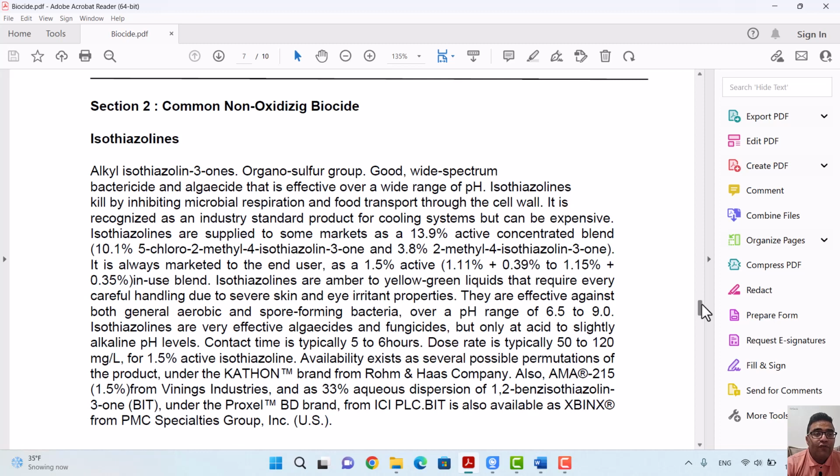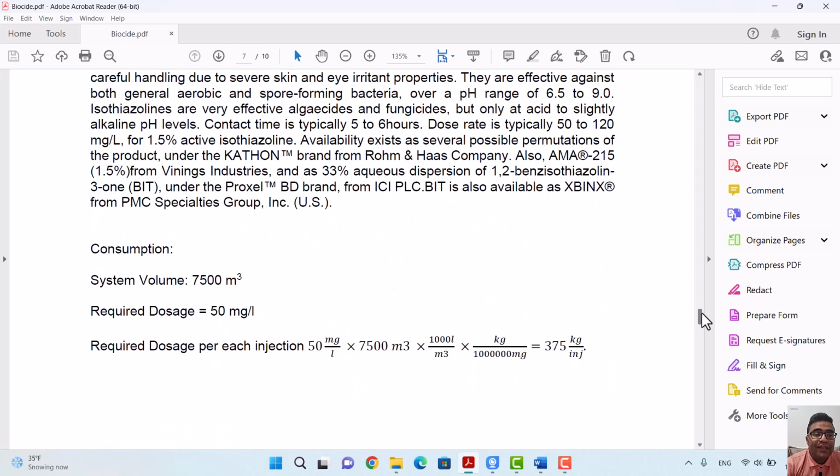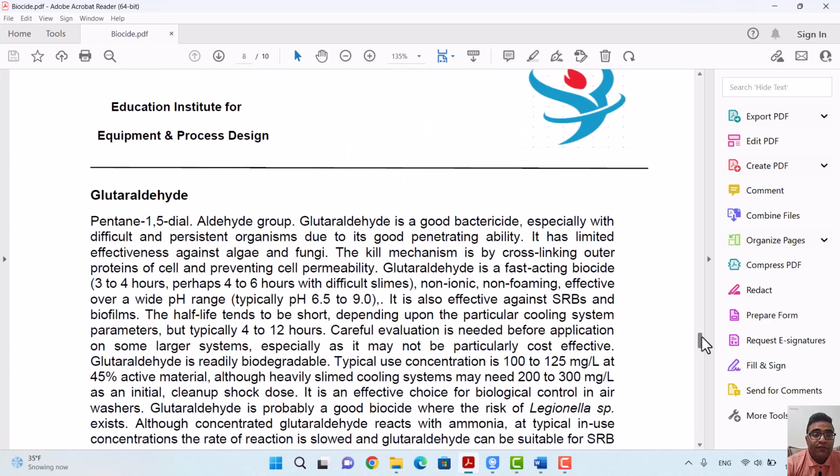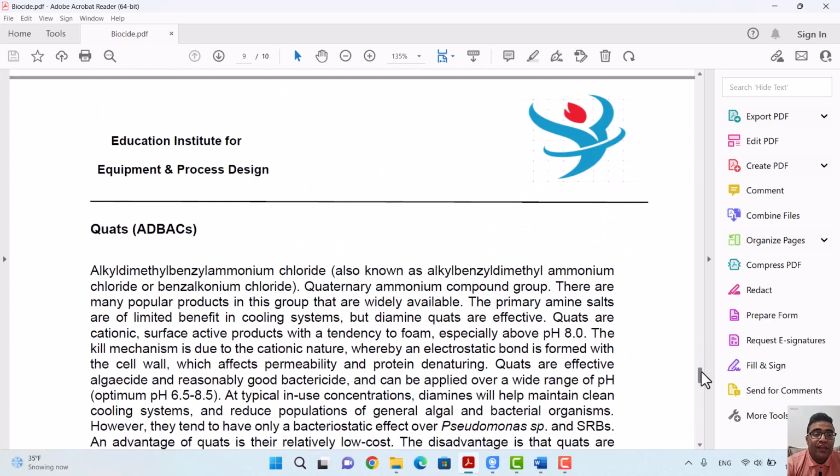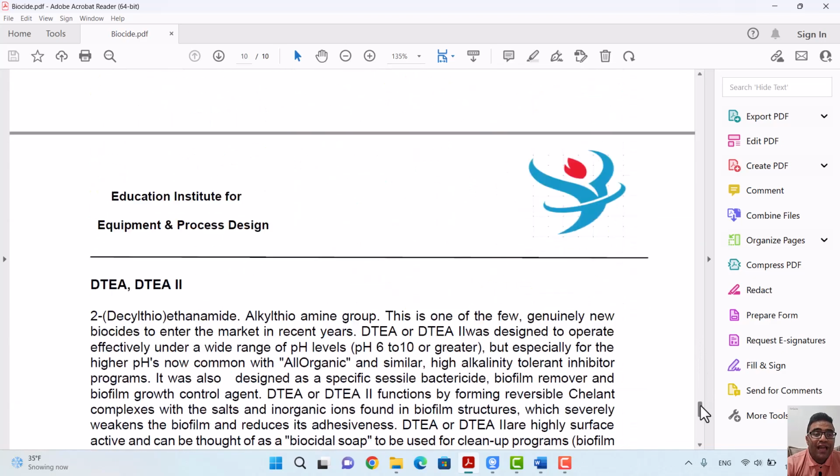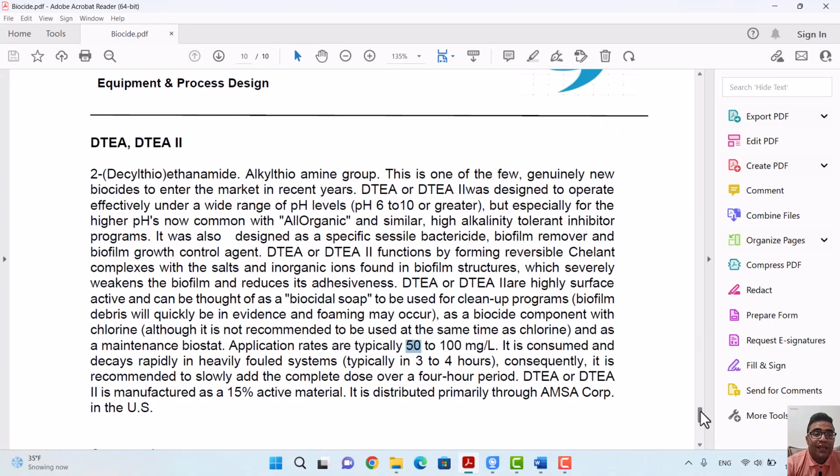And for each of them, we calculated the consumption per each injection and per month. We did the same for glutaraldehyde, isothiazolone, quat, and of course DTA.